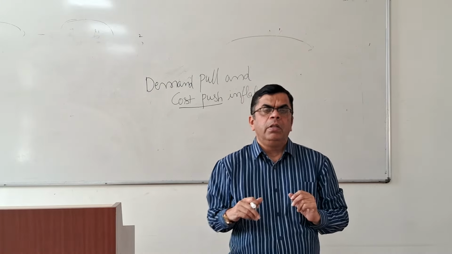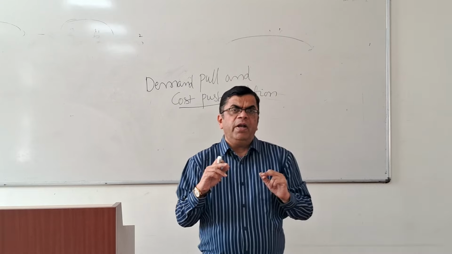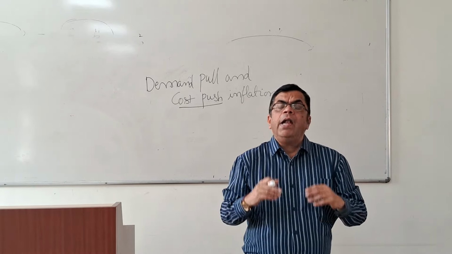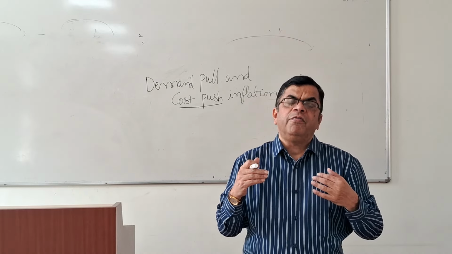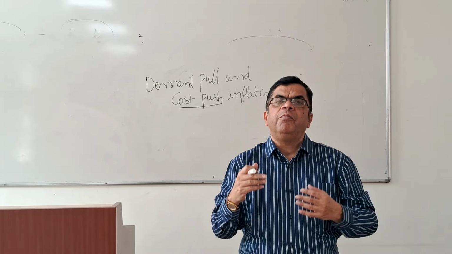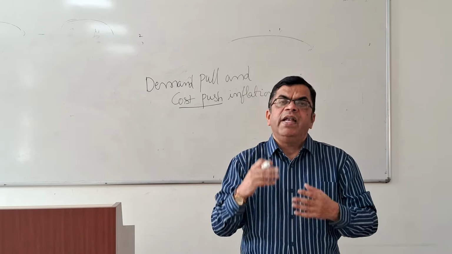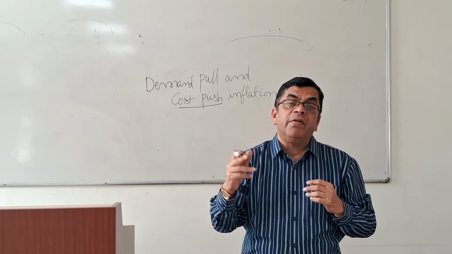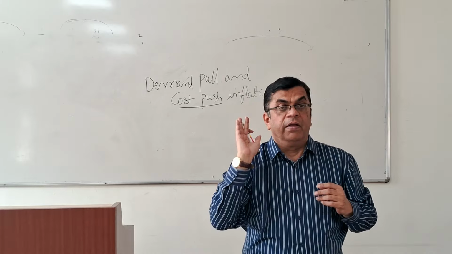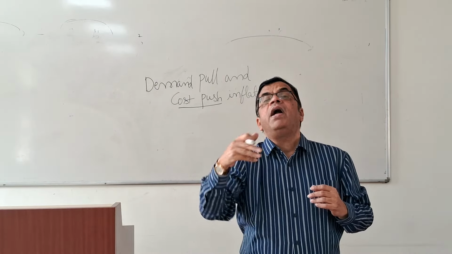Say for example, labor demands higher wages. And now if labor demand higher wages, the input cost for the producer goes up if the management finally concedes their demand for high wages. Now, why did labor demand higher wages? There was already inflation existing. That's the reason why they were demanding higher wages.